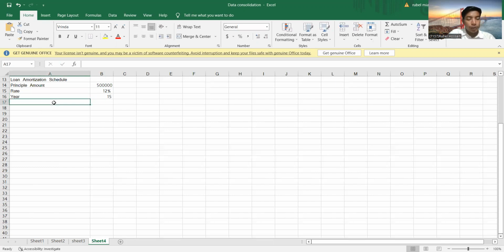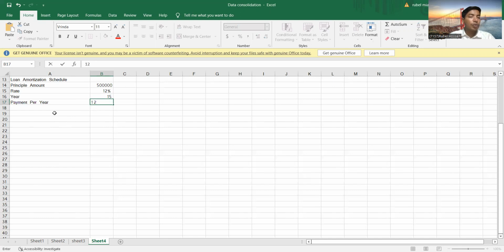Lastly, I have to write down payment per year. As it is a loan and the loan is given on a monthly basis, we have to keep the option of payment per year. If it is monthly, then of course it will be 12.